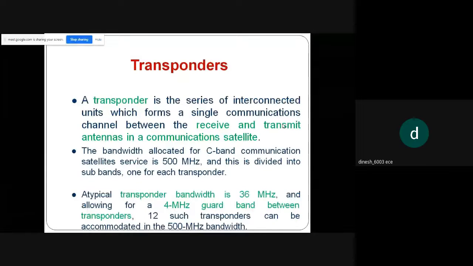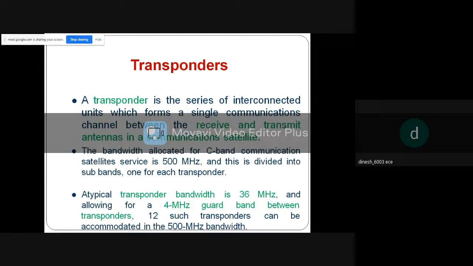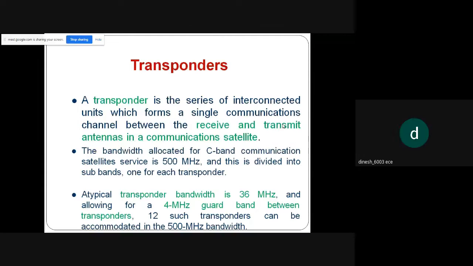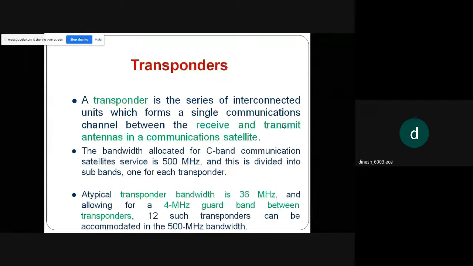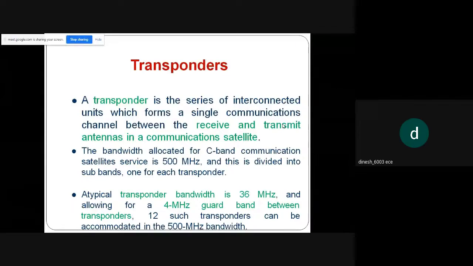So we can allow up to 12 transponders in 500 megahertz bandwidth. Each transponder can have such repeaters or amplifiers in the satellite in an accommodation of 500 megahertz in C-band.